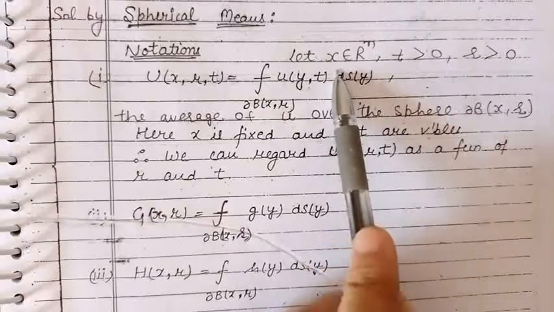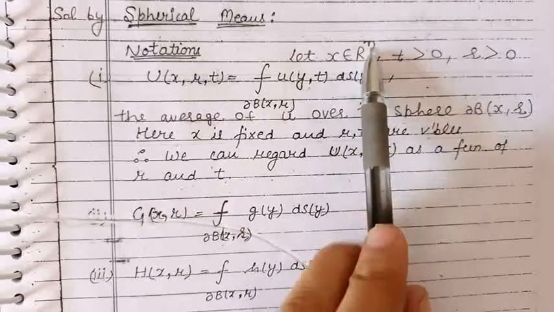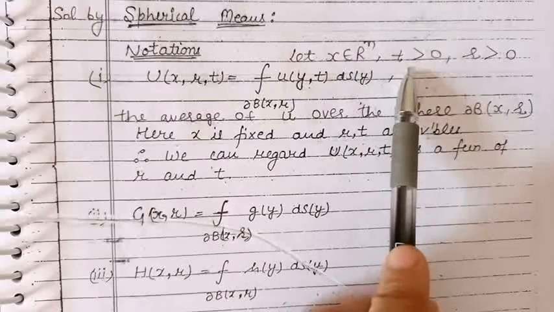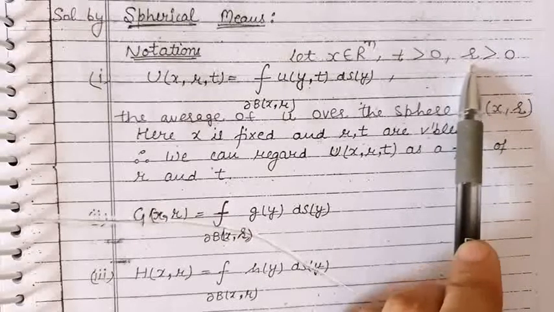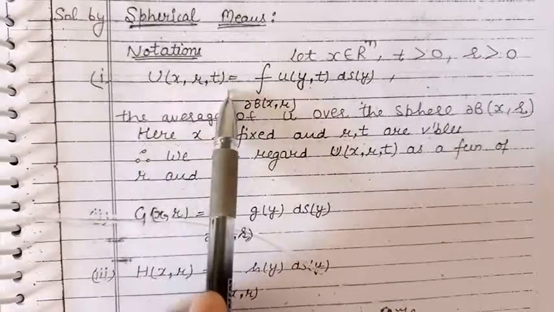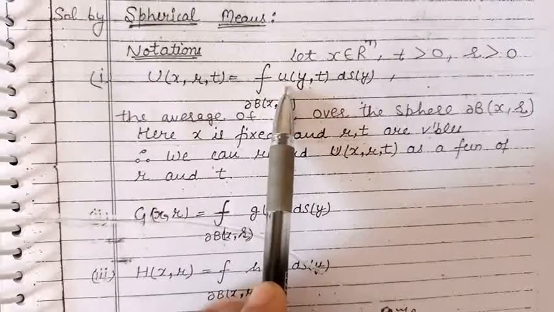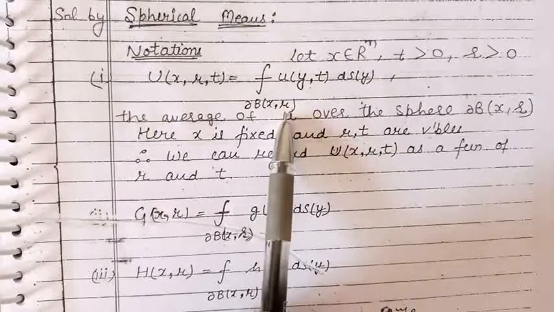So let us take a point x belonging to n-dimensional real Euclidean space, t for time, which is positive, and r greater than 0, which is for the radius of the sphere. We define capital U as the average of the function small u over the sphere with center x and radius r.